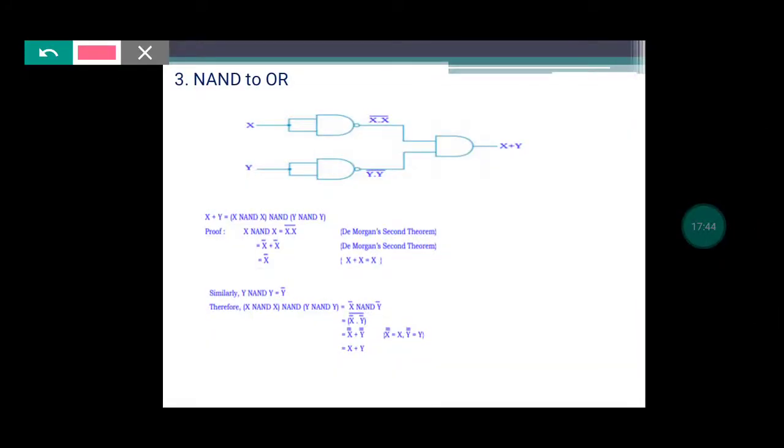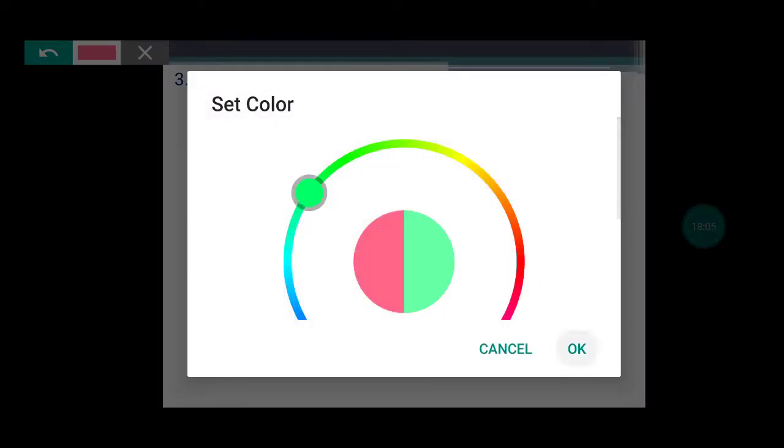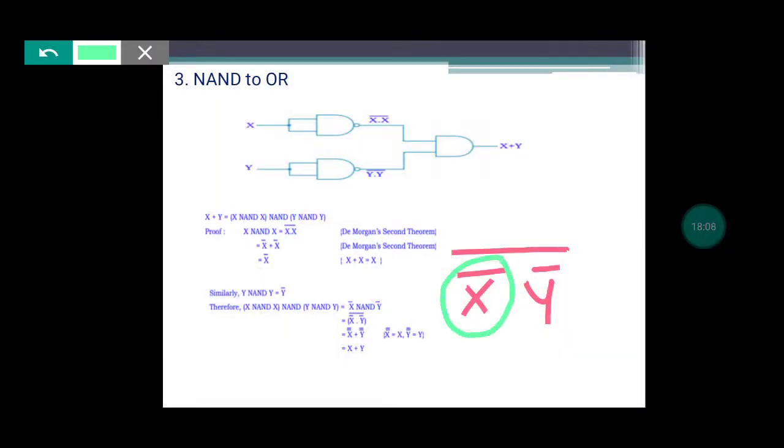Now this x bar and this y bar, what is there in between? There is still a NAND. So I can write it like this: x bar, y bar NAND. Again I can use De Morgan's theorem. Consider this term as x and this term as y. I can write it as x bar plus y bar.